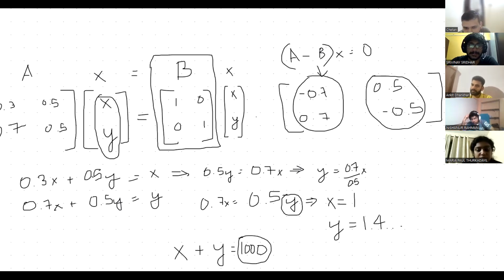That is quite easy to see. But when there is a third column, there comes a trick. You have to see whether the third column is a linear combination of the earlier two columns or not.